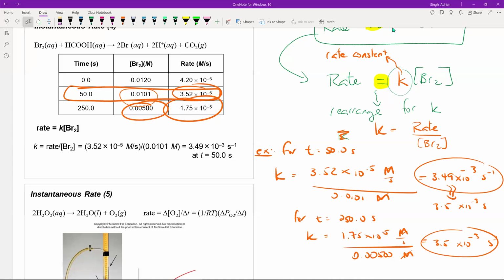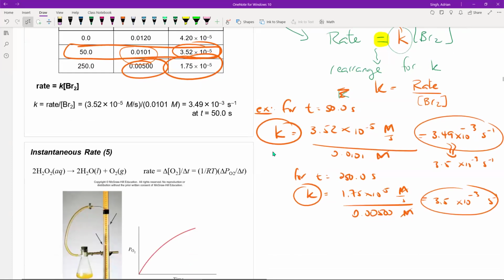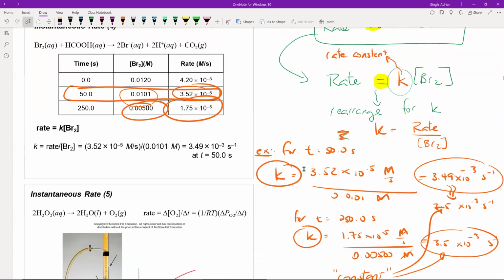That's important because what we just solved for is k, which is the rate constant, and a constant by definition is something that does not change. So it doesn't matter what the concentration of bromine is, the rate constant is going to be the same value.